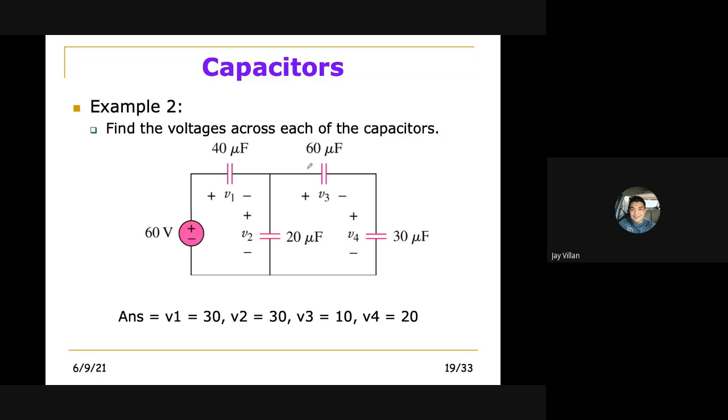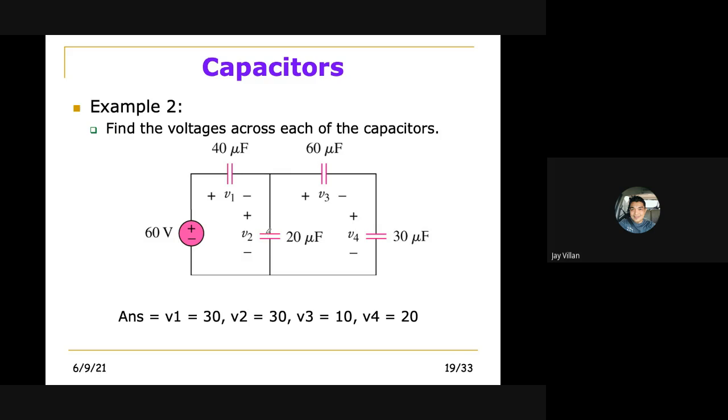Because you still have to get the combination of this one here. So you combine them first before you can solve the voltage across this V2 using the voltage division formula. So I suppose the equivalent here is equal to 40 microfarad.